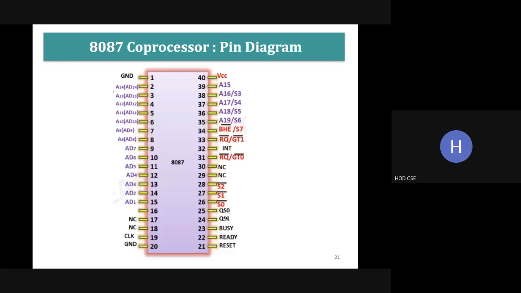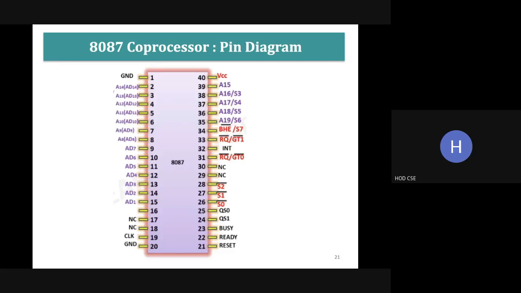And here we have the queue status, QS0 and QS1. That is, what data we are going to fetch, whether it is one data, two data, or consequent data from the queue. What is the size of the queue available in the 8086 processor?